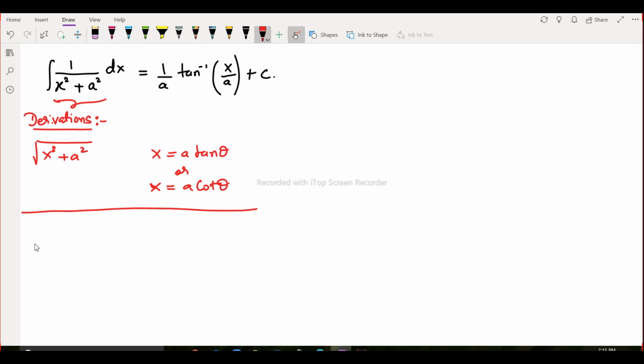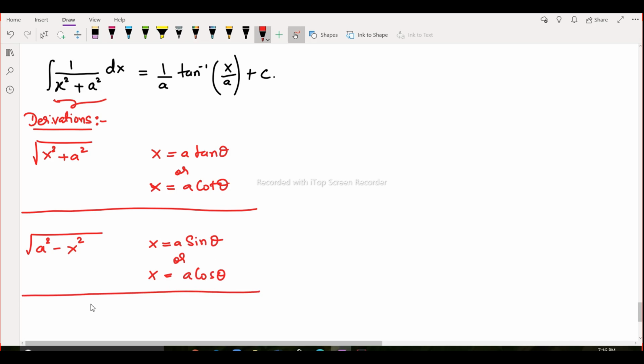Now let's say you have something like a square minus x square. In this case we put x is equal to a sine theta or x is equal to a cos theta, because 1 minus sine square is cos square and 1 minus cos square is sine square. And the third is if you have x square minus a square.